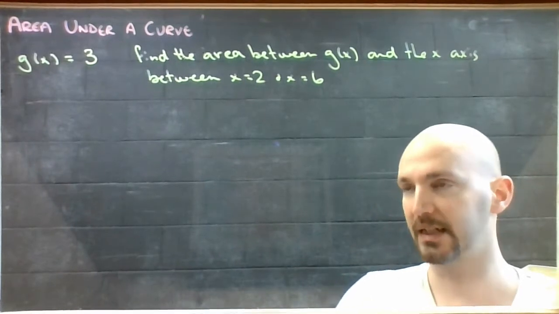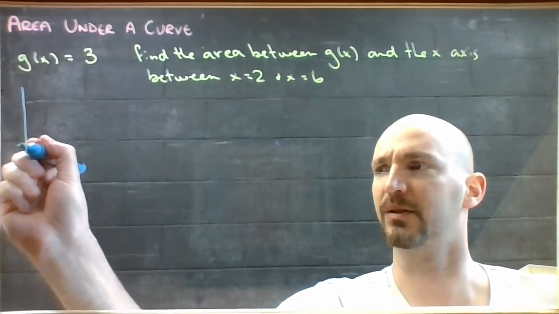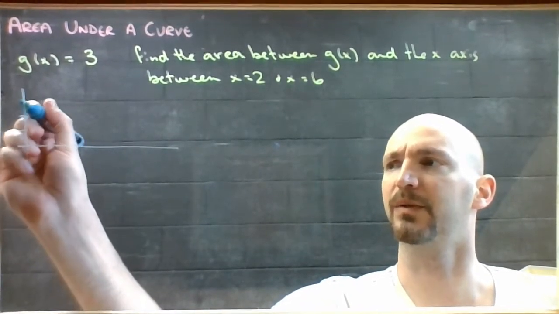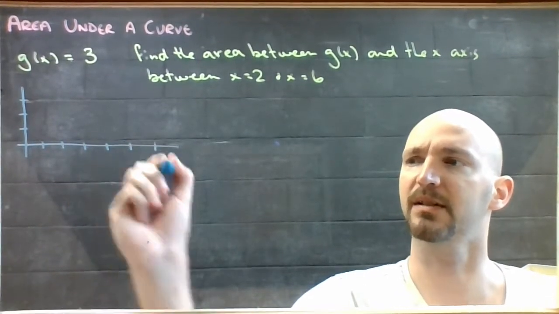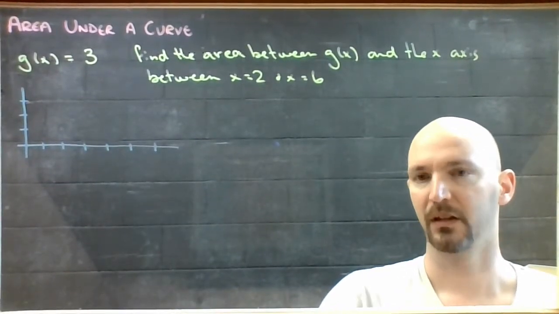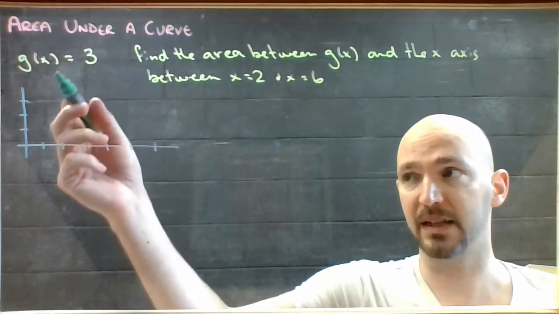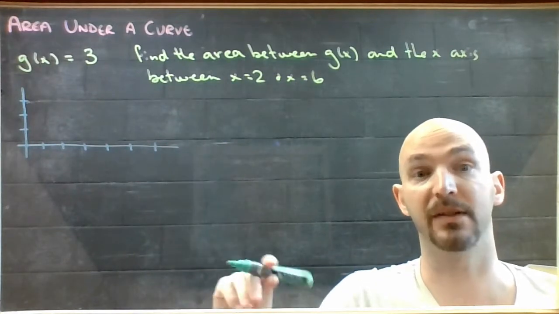So I'm going to need an x-axis then, like so. 1, 2, 3, and 1, 2, 3, 4, 5, 6. So this function, g of x equals 3, that means that this line has a height of 3 regardless of what x I'm at.